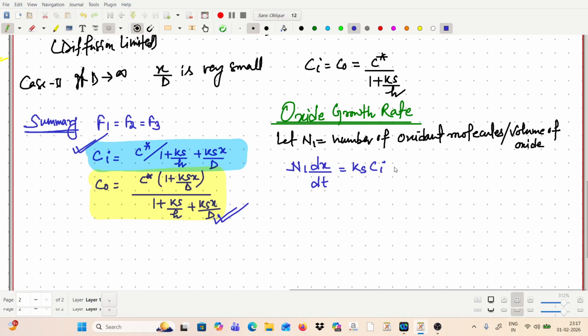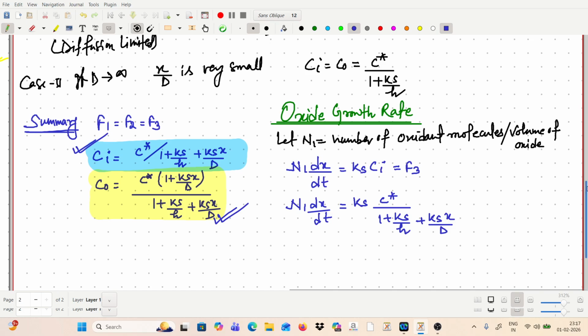That is our F3. Clear? So now once again we can write N1 dx by dt equals Ks instead of Ci, what we can write, C star upon 1 plus Ks upon H plus Ks x by d. This one is the generalized form.